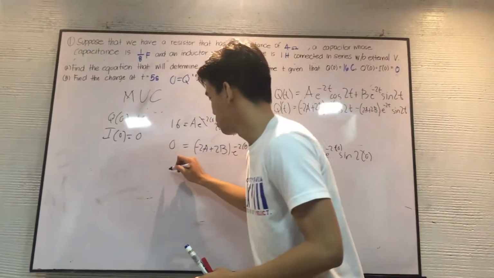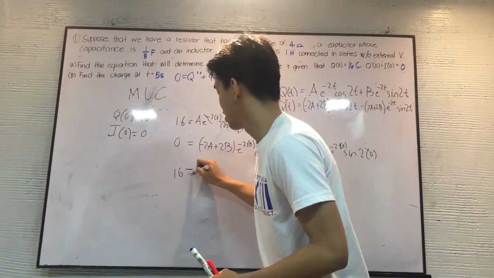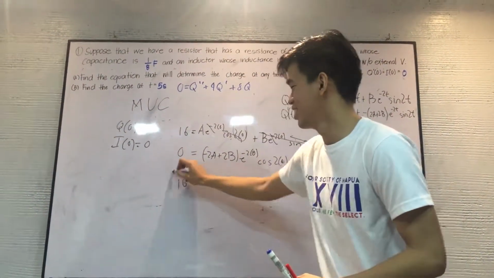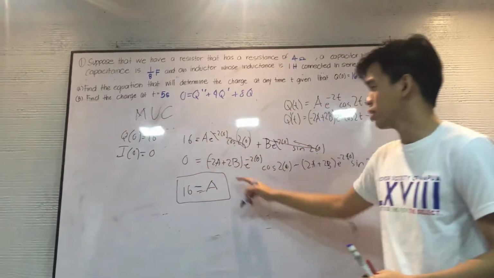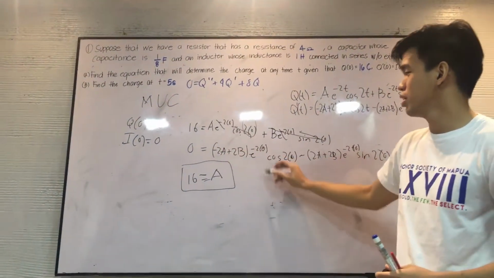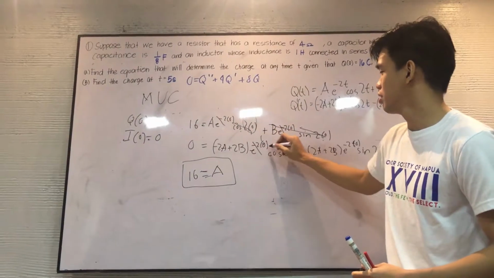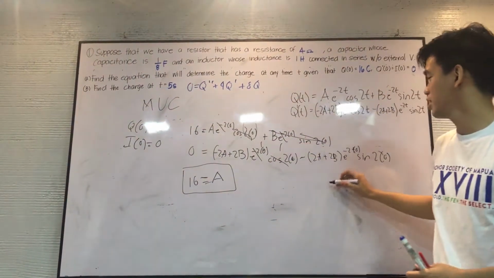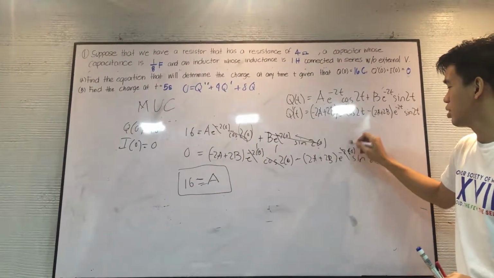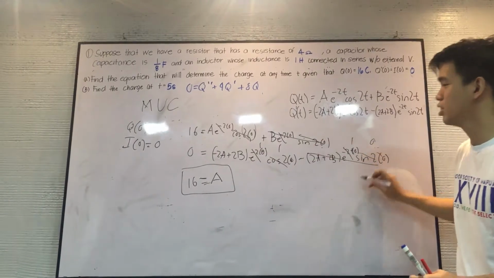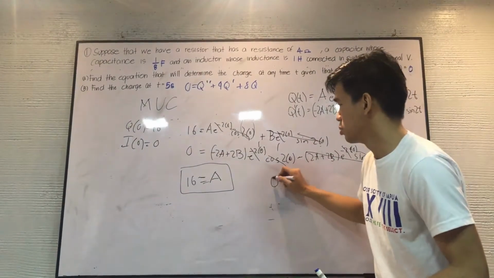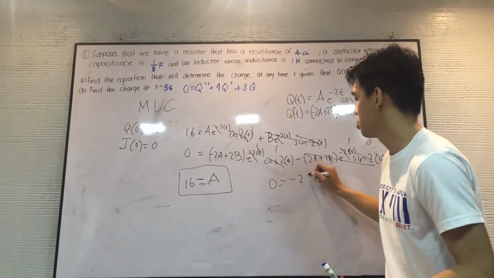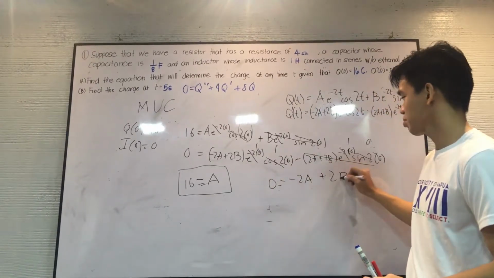So we have one coefficient here. Then this becomes 0 equals negative 2a plus 2b.